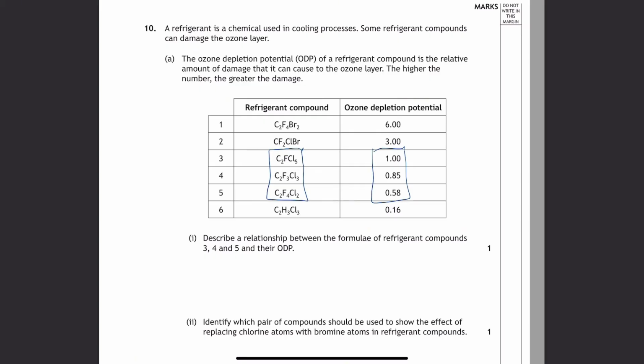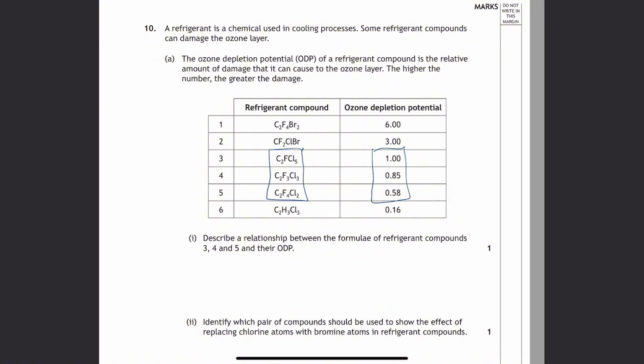So you've got a few options here, but as we can see, the fluorines are increasing as we go down, and that gives a lower ozone depletion level. So the more fluorine atoms you have, the lower the ozone depletion potential. The fewer chlorines you have, the lower the ozone depletion potential. Or you could say it the other way, the more chlorines, the higher the ozone depletion potential, the fewer fluorines, the higher the ozone depletion potential. So you can describe it in any of those 4 ways.